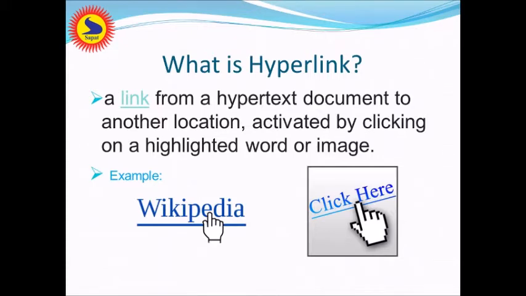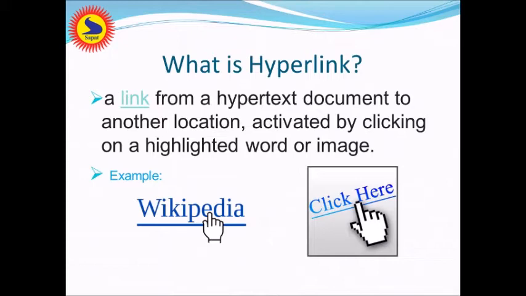Maybe you have seen this kind of hyperlinks while using internet or while searching for some information in the internet, so that's why you might be familiar with this kind of hyperlinks. Maybe you have seen these hyperlinks before, and now let's learn how to create them.